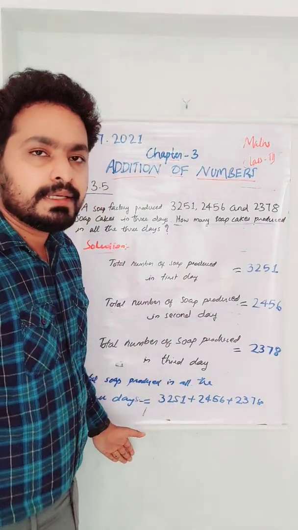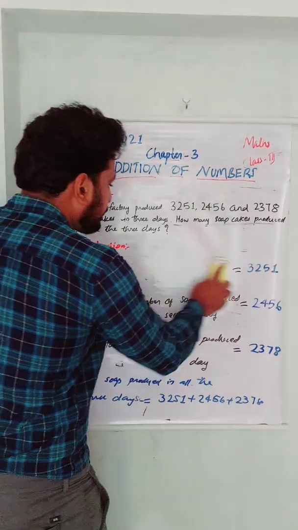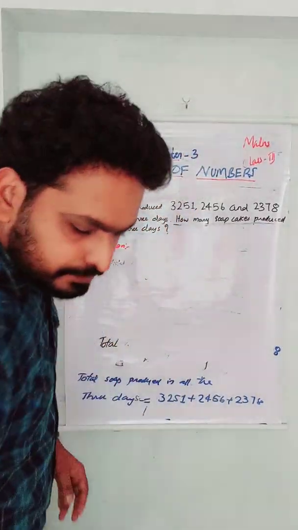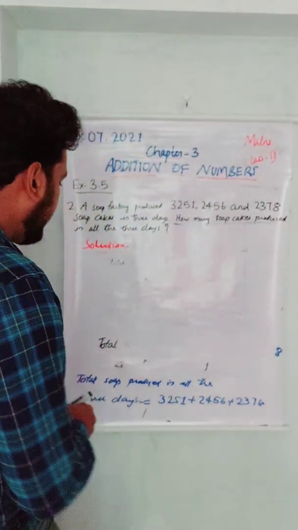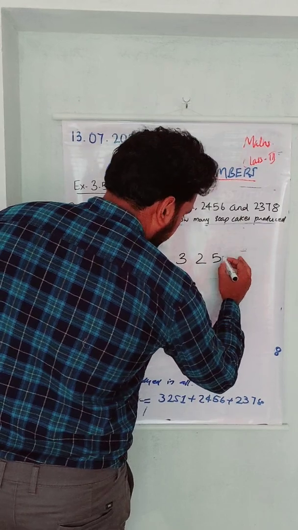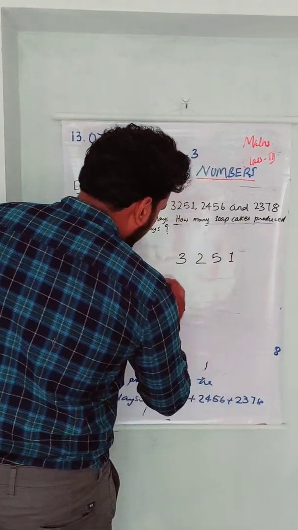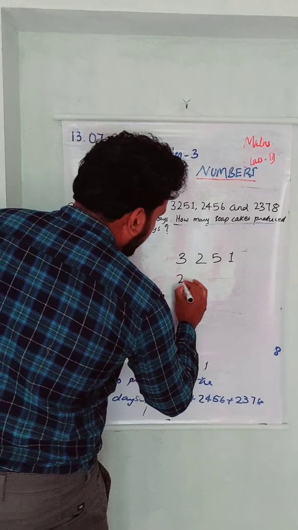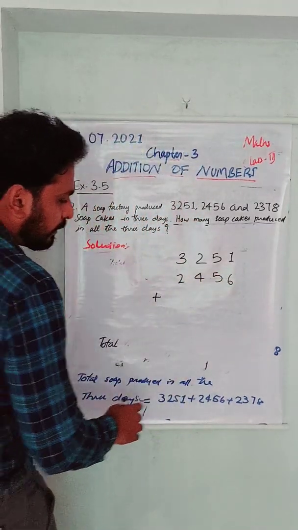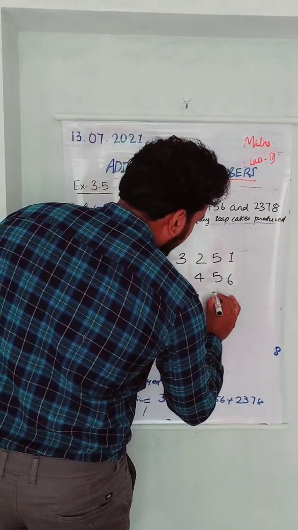Students, let us find the answer. For finding, add these 3 numbers, 3,251 plus 2,456 plus 2,378.